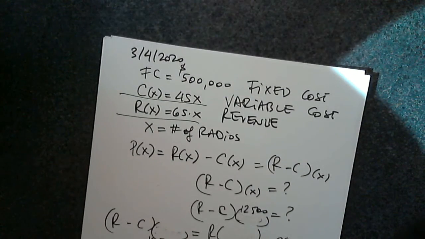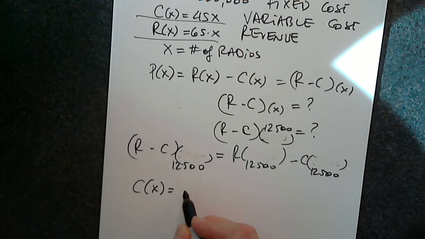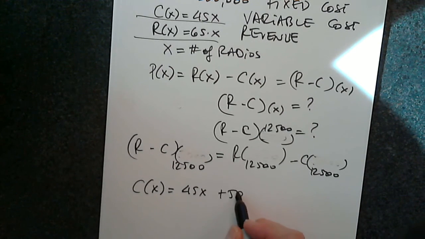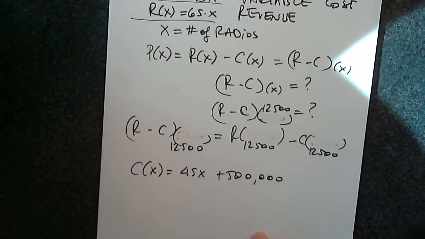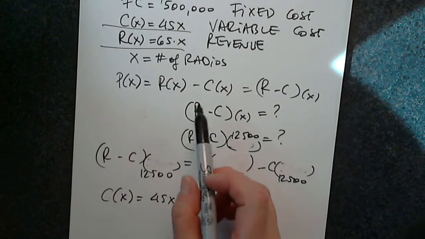Oh, so we have to say the total cost function. Yes, you're right. It's 45 times X plus 500,000. So that's the total cost function.